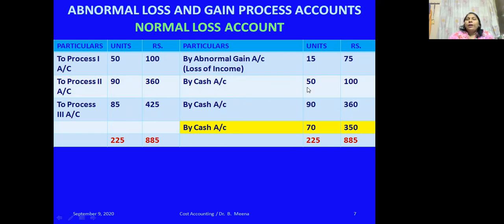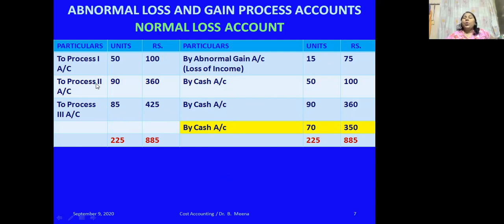Out of 425, 75 is a loss, which means the amount to be credited in the cash account is 350. This yellow shaded value is the value we calculated after comparing the abnormal gain with process 3: 85 minus 15, 425 minus 75. So this is the way you can prepare the normal loss account.